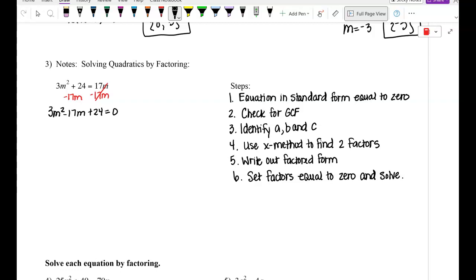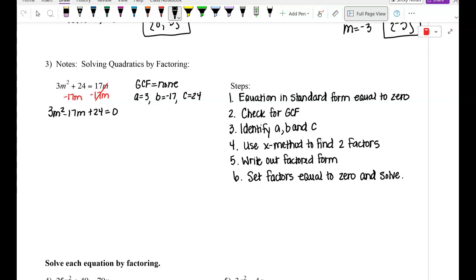Now that I have it in standard form with one side equal to 0, do I have a GCF here? No, there's nothing that they all have in common. So A is 3, B is negative 17, C is 24.